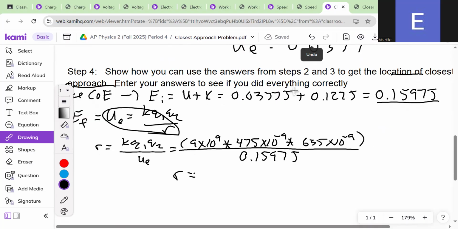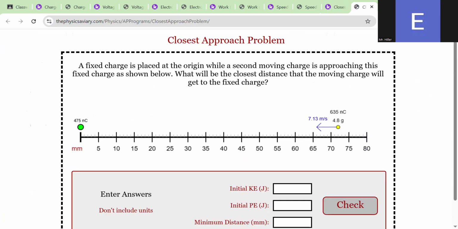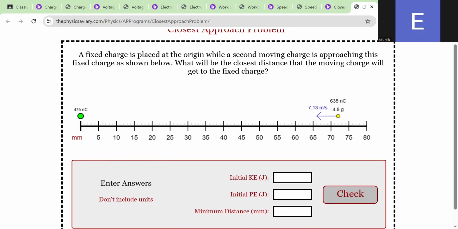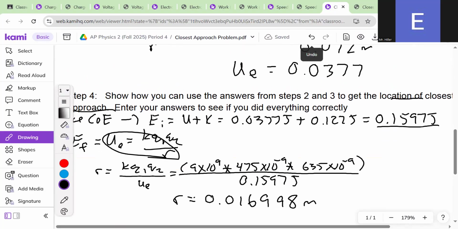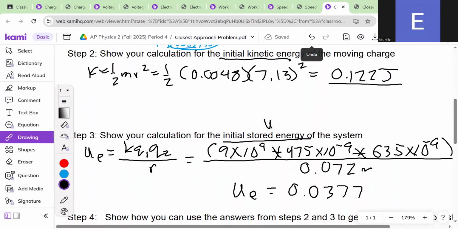So I'm going to go 9E9 times 475E negative 9 times 635E negative 9, all divided by 0.1597, and I'm getting a distance of 0.016998 meters. But I need to answer in millimeters. Oh, let's put in my energies, by the way. My initial kinetic energy was 0.122.